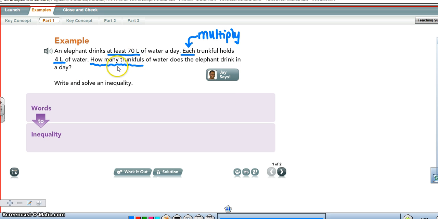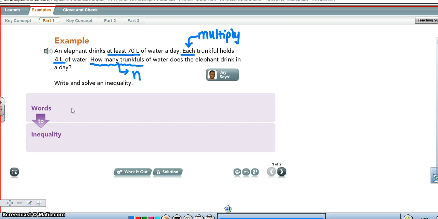How many trunkfuls? That's the question. That's the unknown. So we should go ahead and give that a variable. I'm going to use n for the number of trunkfuls. All right, so we kind of want to work up to the total, like how much water does the elephant drink over the course of the whole day. Well, we know we're going to have to do some kind of multiplication.